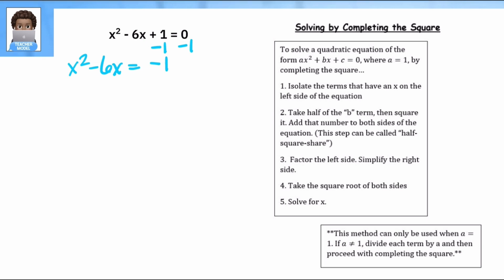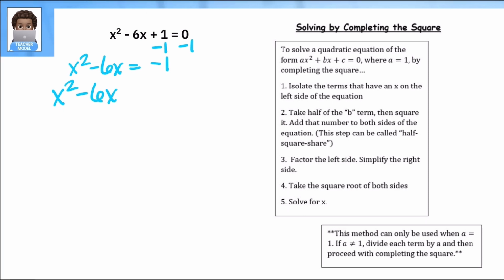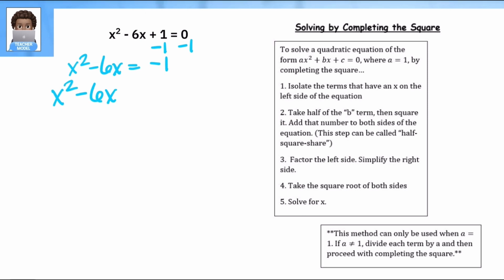And I'm going to think about half of this. Half of 6 would be 3. So watch for how I'm going to use that. X squared minus 6x. So I'm going to take that half and I'm going to square it. So half of, in this case, negative 3 would just be positive 9.